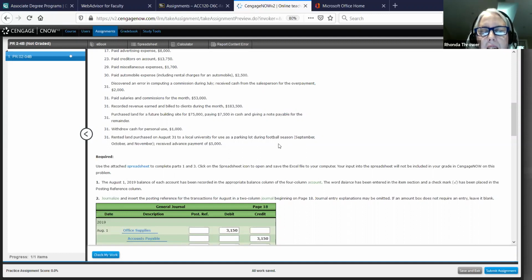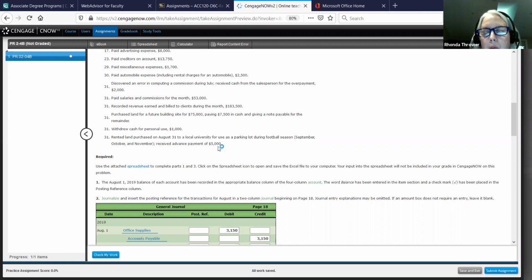That makes it a liability, and it will remain a liability until you earn that revenue. So next month, we're going to earn some revenue. This month, we didn't earn any revenue. So we call it unearned revenue, and it's a liability account to us.